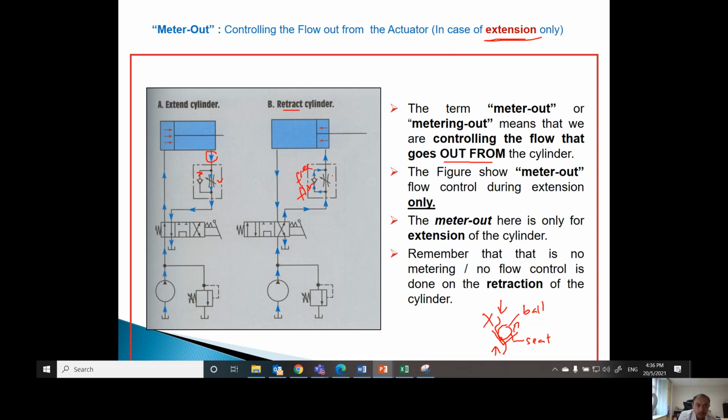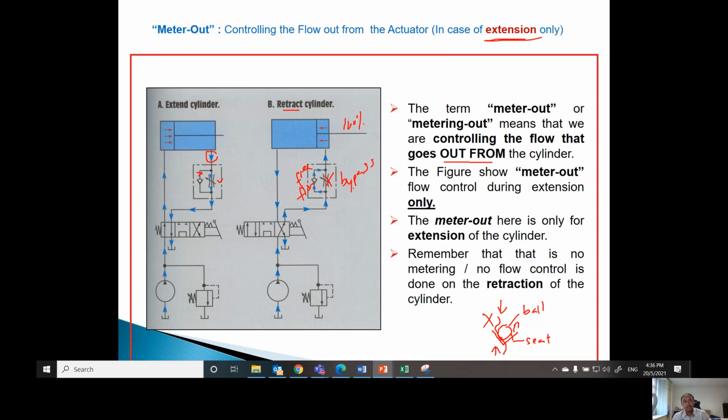This throttle valve will be bypassed. When the throttle valve is bypassed, the retraction will undergo 100% of the velocity without any control of the flow rate by this throttle valve, because this throttle valve has been bypassed, meaning no function at all.